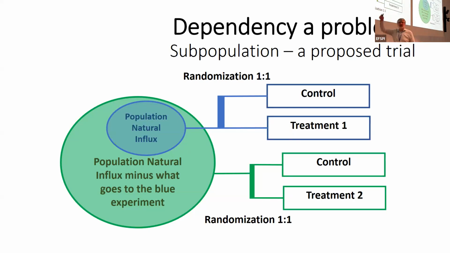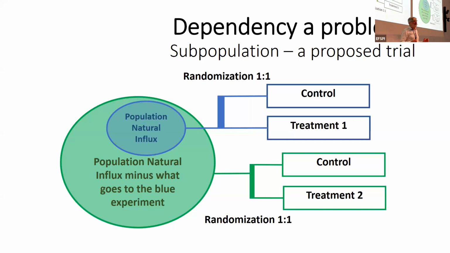I've got a big population and a small subpopulation. Who decides who is going to have the treatment, if a person fulfills the requirements of the blue population, whether they will be included in the green trial or in the blue trial? Well, there, the clinician decides. Whoa, that's a problem.